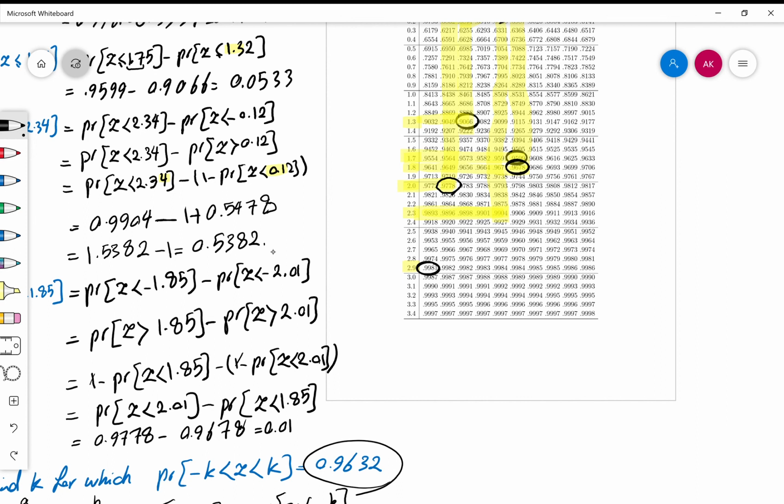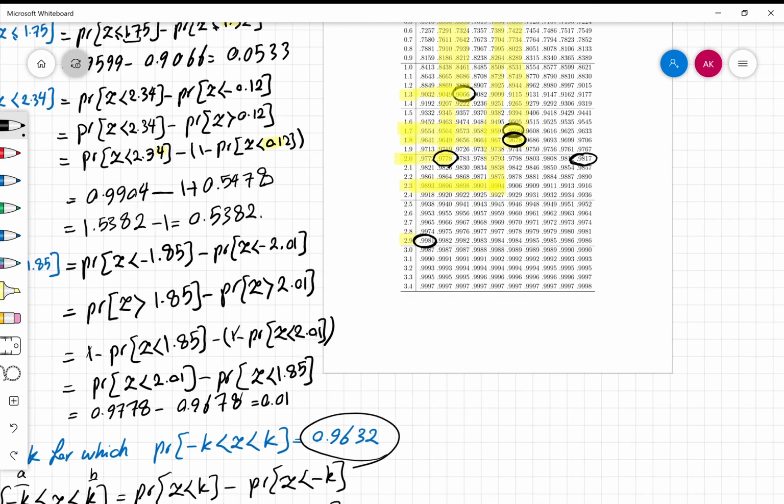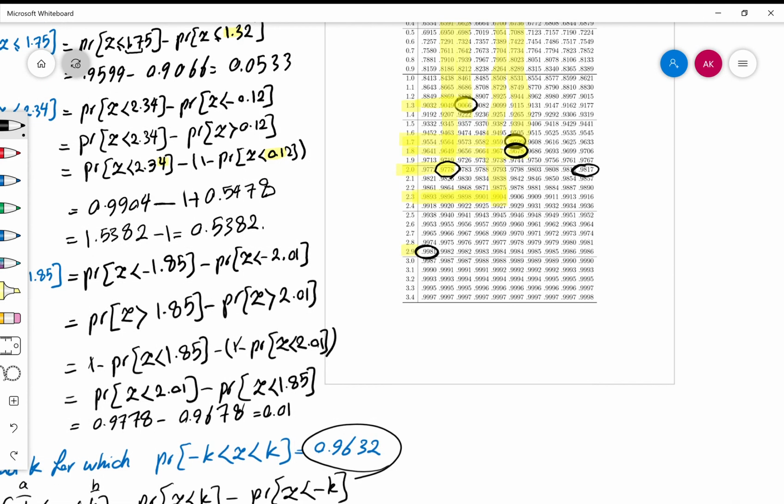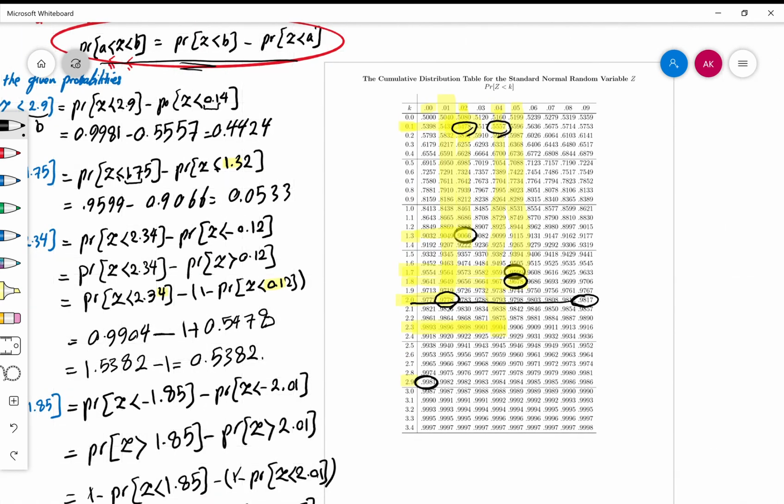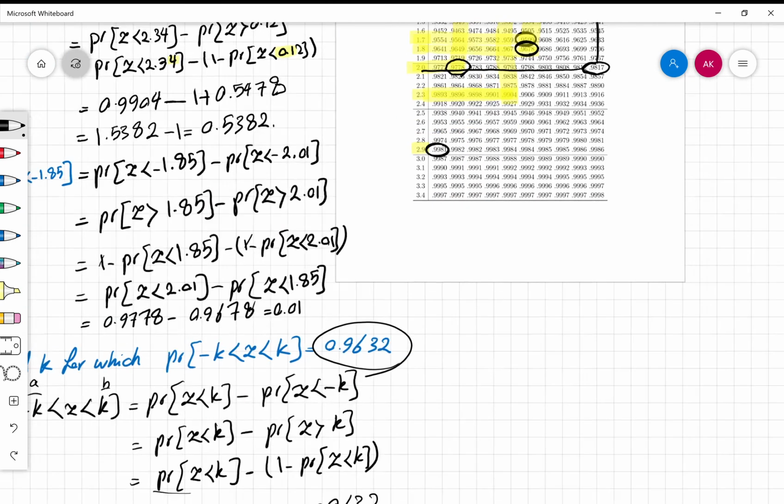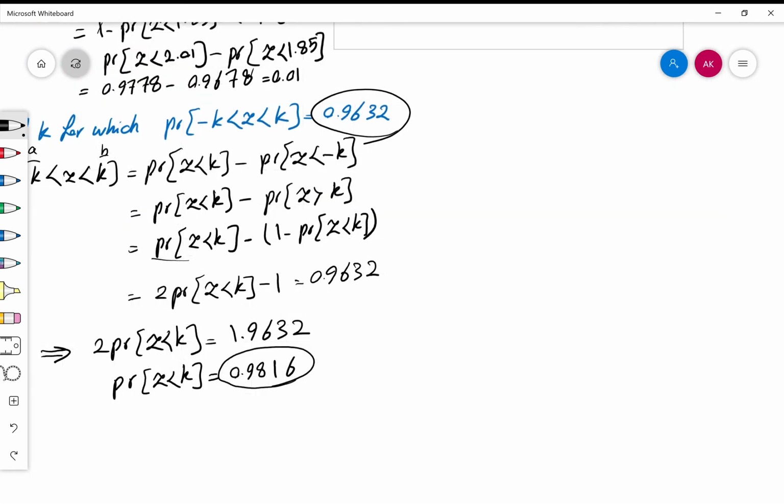And Vivaldi is playing. Okay, I have used another table, so here I will pick the closest number, 9817, which has 2.09. So this gives me k equals 2.09.